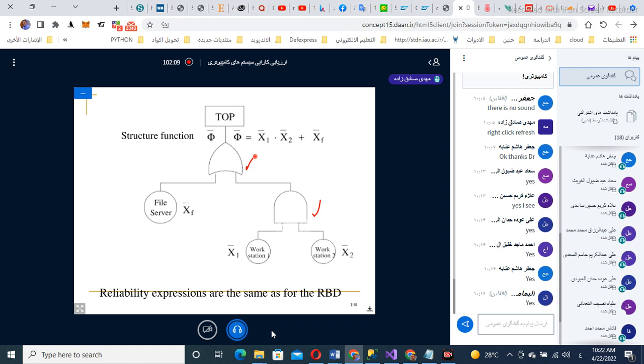Phi bar equals x1 bar multiplied by x2 bar plus xf bar. If the server, for example, fails, that is 1. If here for example it is 0 and here 1, that is 0 and 1, OR, that is 1. This means failure. This means if the server fails or both workstations fail, the system will fail. That is, the reliability expression is the same as the reliability block diagram.